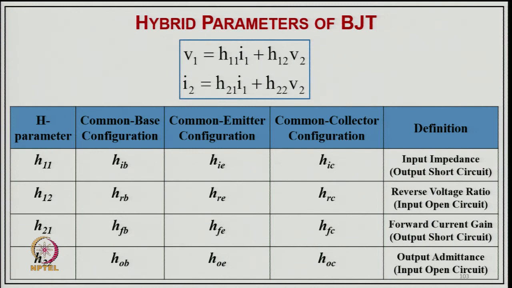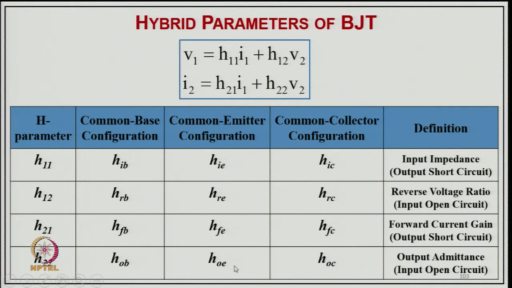So, these are the H parameters H11, H12, H21, H22, and for common base configuration, we call them HIB, HRB, HFB and HOB, and for common emitter configuration, which is very common for amplification, H11 is HIE, H12 is HRE, H21 is HFE, and H22 is HOE.